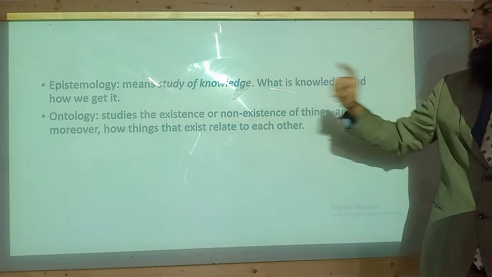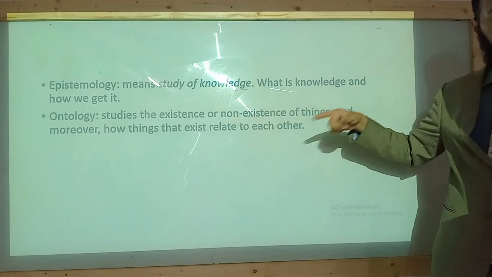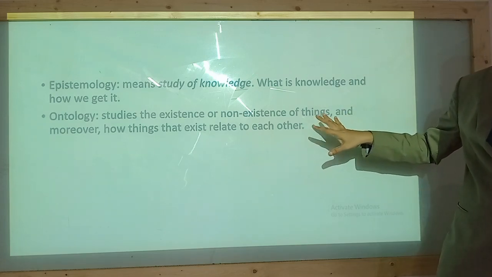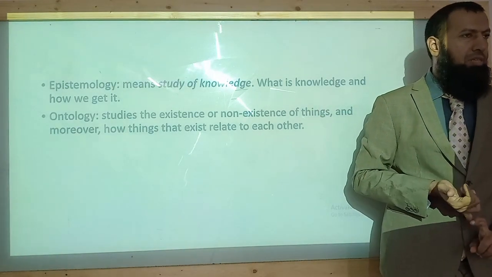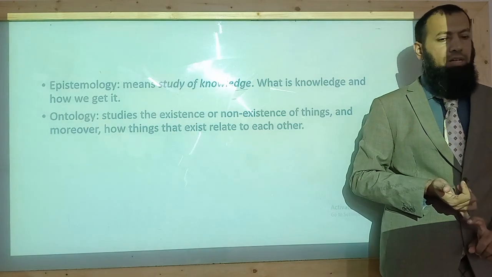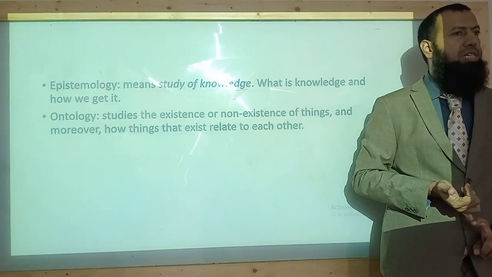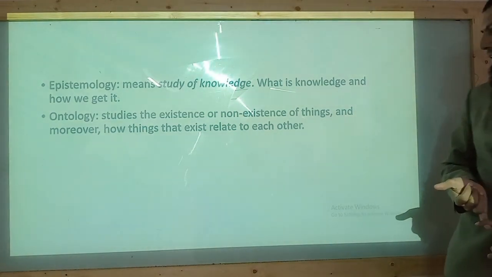Second is ontology, which relates to the relationship between things. First, epistemology is about knowledge and how we get it. The second is the relationship between each other.